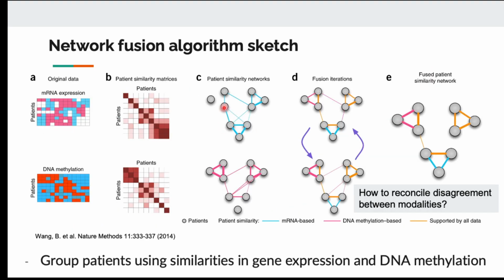Let's focus on these three patients as an example. Based on gene expression, they are not similar. But when we look at their friends, they are somewhat similar based on DNA methylation.